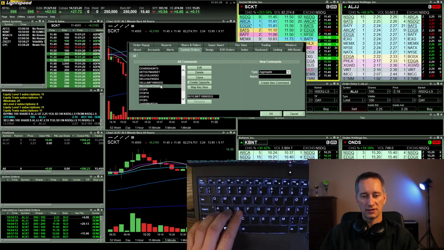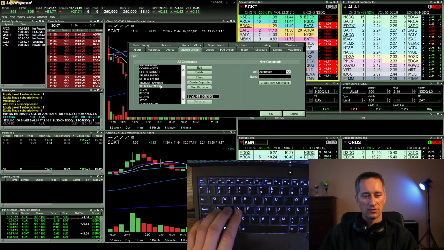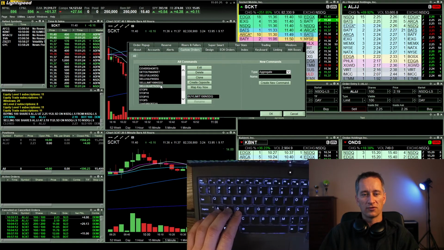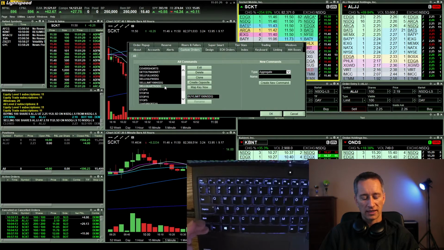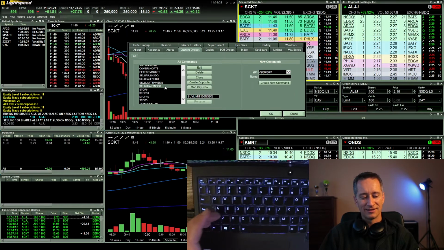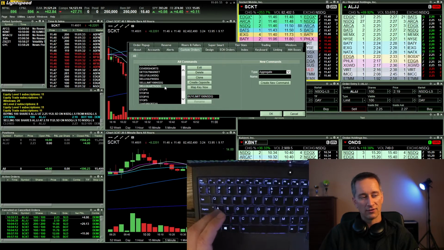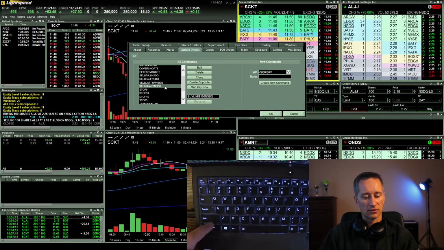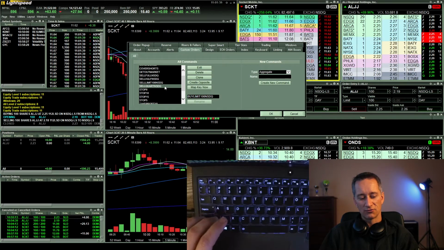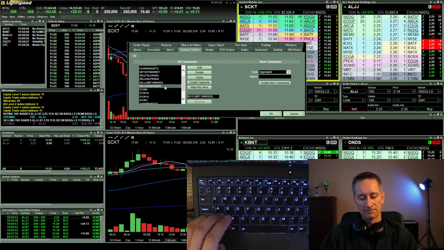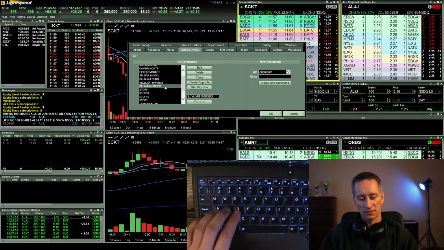So as you've seen, if you've seen any of my videos, I'm only buying for the move up rather than shorting the stock. So that's the kind of game I'm playing. So I don't know if I need this. I set it up long ago, and I'm now thinking whether I should remove this combination, Shift A, and maybe replace it with some other option, because it's quite conveniently located.